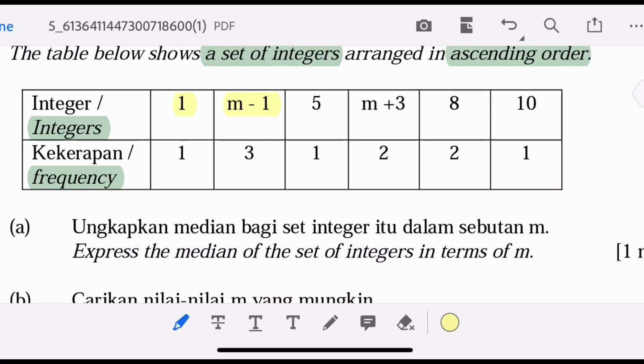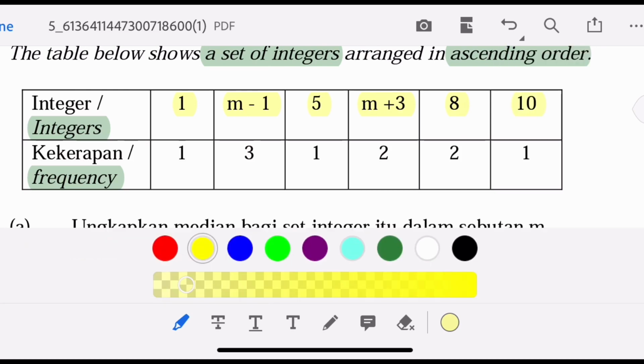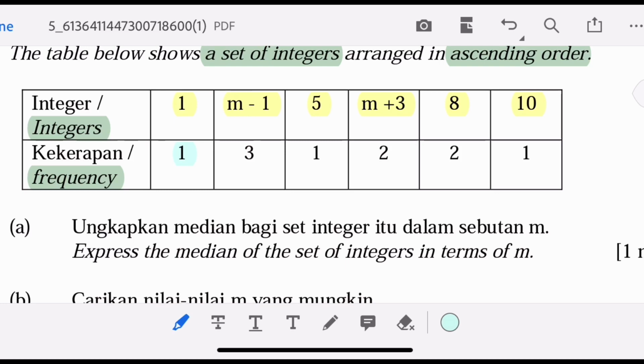So express the median in terms of m. The 6 integers are in yellow and the frequencies are in blue. The integers are given in terms of an unknown: 1, m minus 1, 5, m plus 3, 8, and 10.